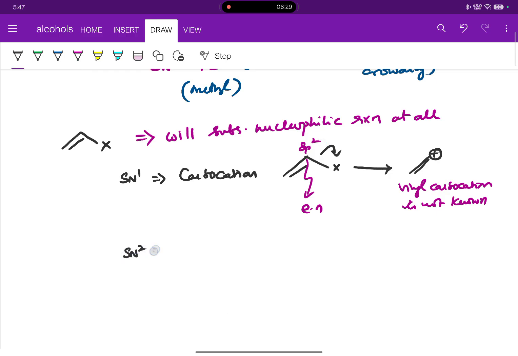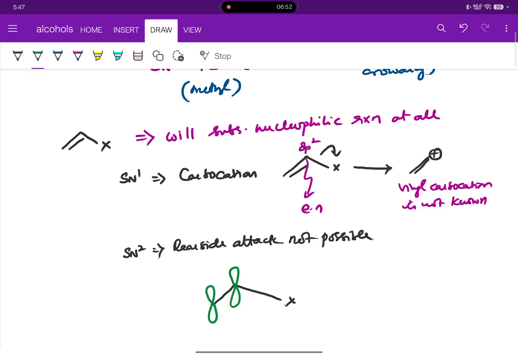Number two is the SN2 mechanism. When I say SN2 mechanism, what do you understand from this? Rear side attack is not possible here. Why is rear side attack not possible? The pi cloud is here, right? If you try to attack a nucleophile from the rear side, what will happen?